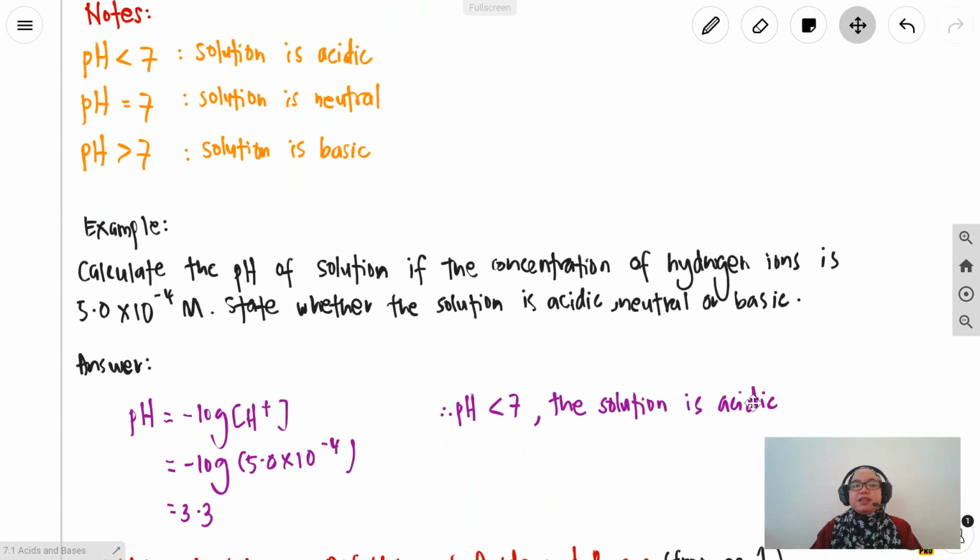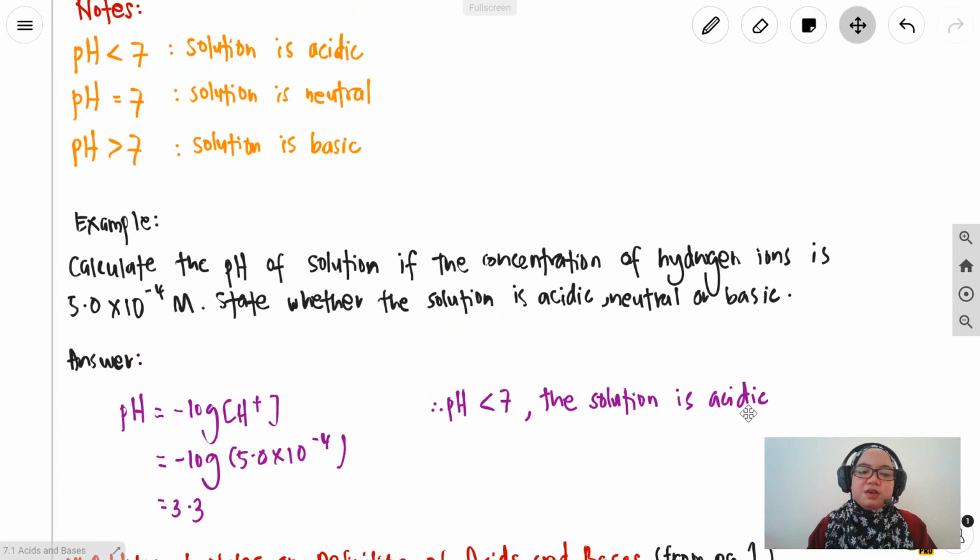Okay, so let's look at the example here. Calculate the pH of a solution if the concentration of hydrogen ion is 5 times 10 to the power of negative 4 molar. State whether the solution is acidic, neutral, or basic.